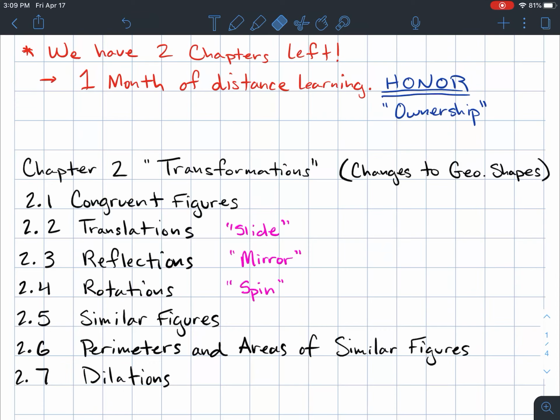Next 2 lessons, 2.5 and 2.6, on similar figures. Remember, the word similar is different than congruent, so they look alike, right? But they are not exactly the same.